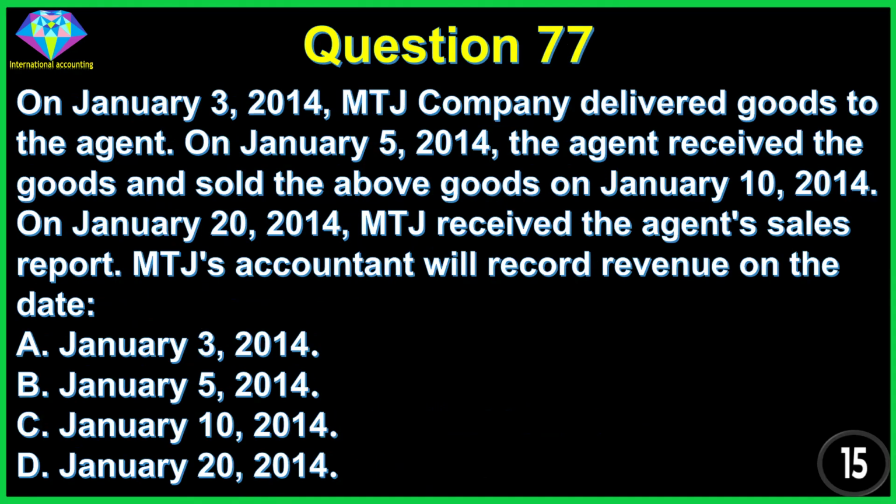On January 3, 2014, MTJ Company delivered goods to the agent. On January 5, 2014, the agent received the goods and sold the above goods on January 10, 2014. On January 20, 2014, MTJ received the agent's sales report. MTJ's accountant will record revenue on the date A. January 3, 2014.